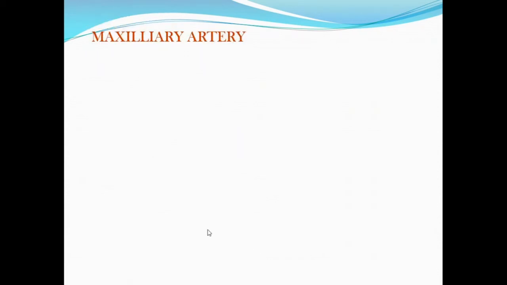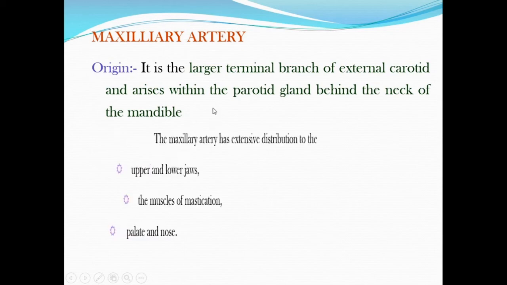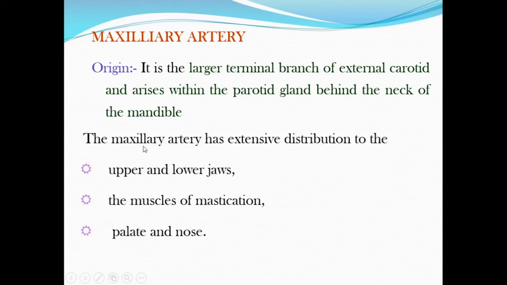The last large terminal branch of the external carotid artery is the maxillary artery. It is the larger terminal branch, which again arises within the parotid gland. The termination of the external carotid artery is exactly behind the neck of the mandible. The maxillary artery has extensive distribution to the upper and lower jaws, muscles of mastication, palate and nose.